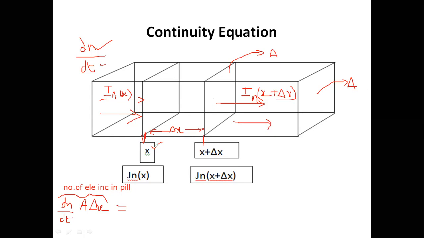So let us suppose Jn is the current density entering into the pillbox at x, and Jn of x plus delta x is the current density which is leaving the pillbox at x plus delta x.